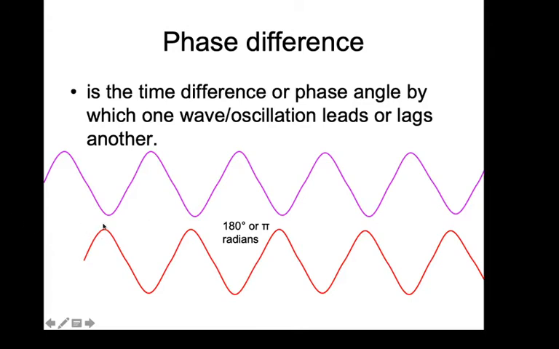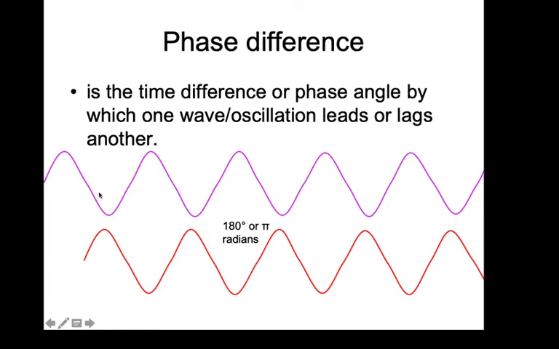Things can be in phase or out of phase, but we never talked about it in terms of an angle. This is where the connection between uniform circular motion and simple harmonic motion really picks up, because often when we talk about simple harmonic motion, we talk about phase difference in terms of angles rather than a distance between them.